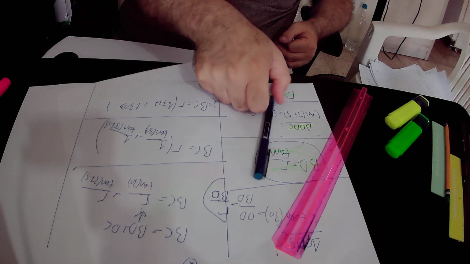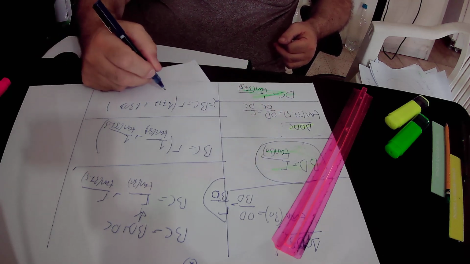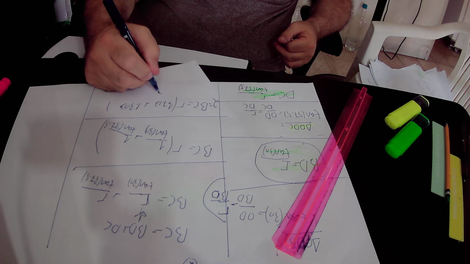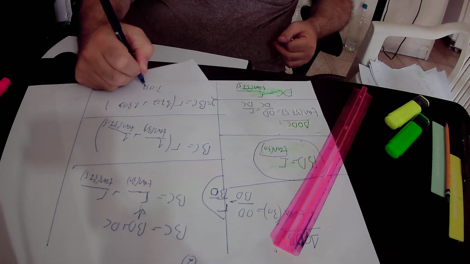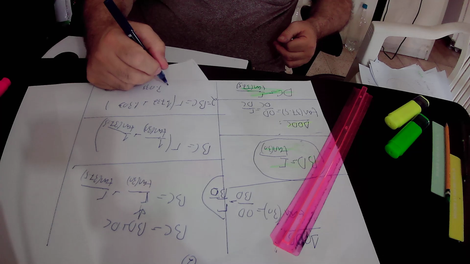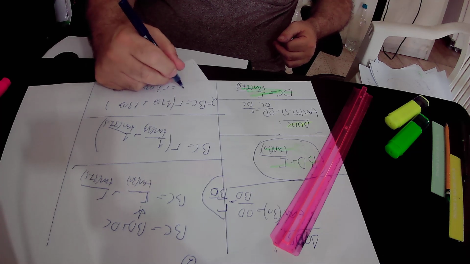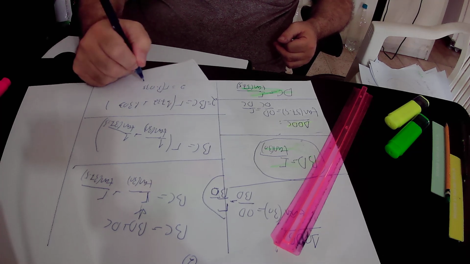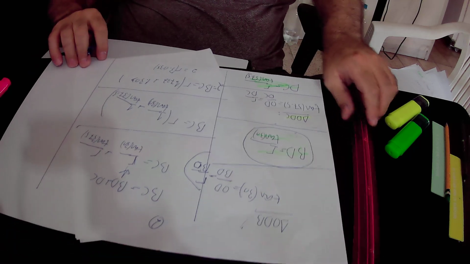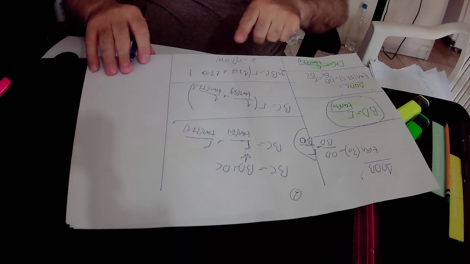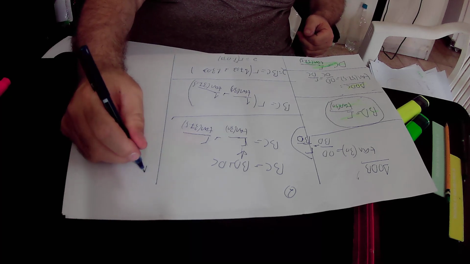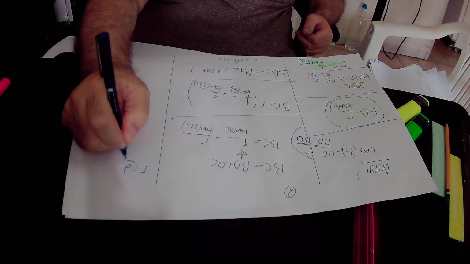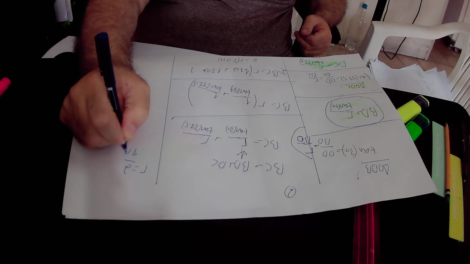So we find out that the sum of those two numbers is 3.035 times R equals 2. So here we get that R, we divide this equation by 3.035 and we get that R equals 2 over 3.035.